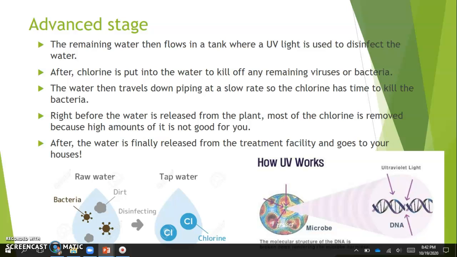So we don't want to have the chlorine sitting in the water, because once we use the water again, if there's a lot of chlorine in it, it can damage our skin, and if you drink it, it can make you sick. So finally, after the chlorine is removed, the water is released from the treatment facility and goes to your house. So the wastewater is cleaned, and then it becomes clean water that you get out of your pipes and you can drink.